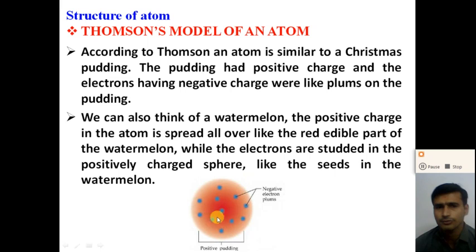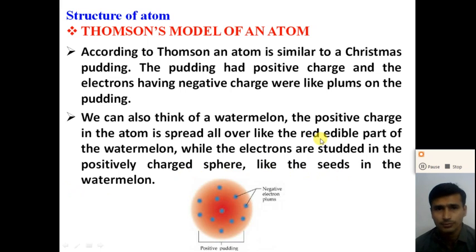We can also think of a watermelon. We can think of the structure of the atom as being like a watermelon. The positive charge in the atom is spread all over, like the red edible part of the watermelon. All the red edible part of the watermelon is like the positive charge, while the electrons are embedded in the positive charge sphere like the seeds in the watermelon.